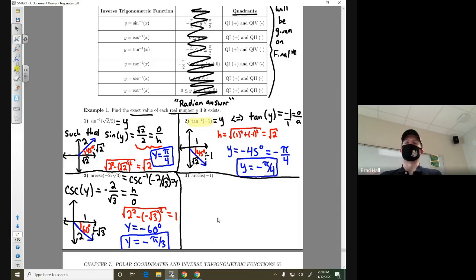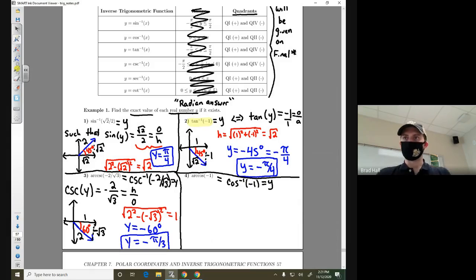So finally, for arc cosine of -1, that's the same thing as cosine inverse of -1, which we can set equal to y. We can use this information to determine which quadrant we will be drawing the triangle in.